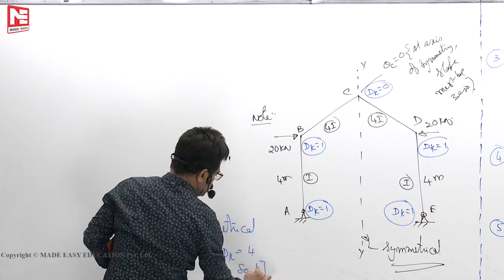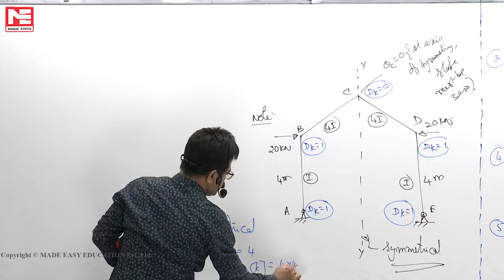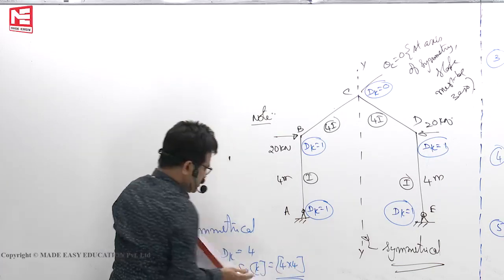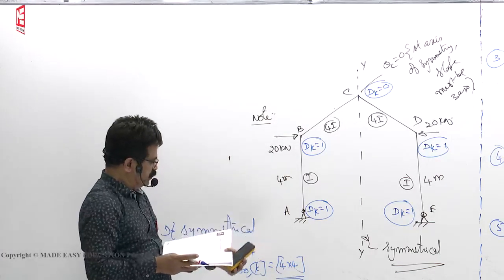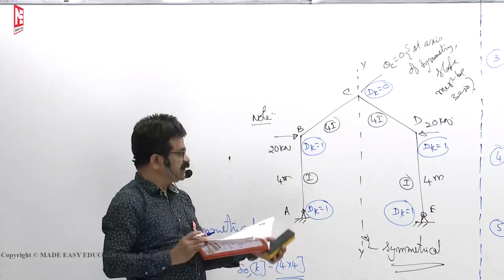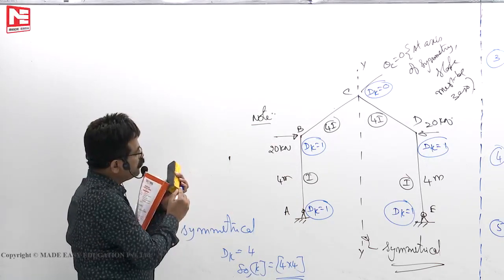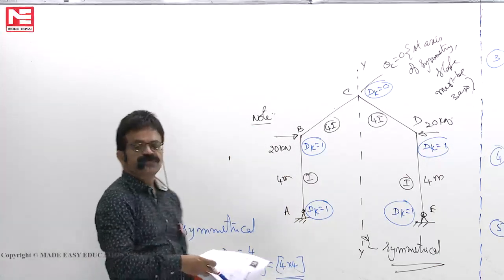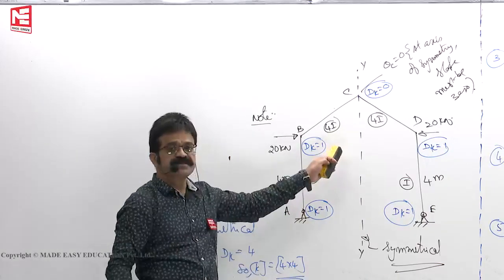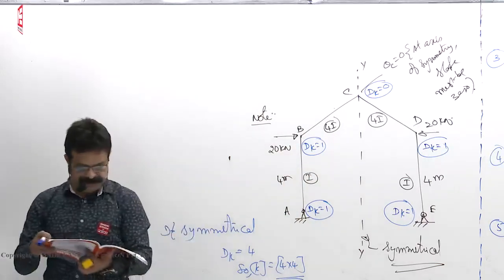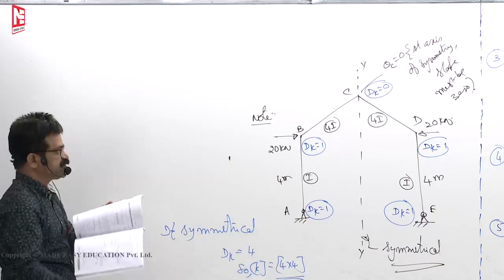So K is a 4 by 4 matrix. So 4 by 4 matrix you will get if it is symmetrical. Okay, now let us see the sixth question.